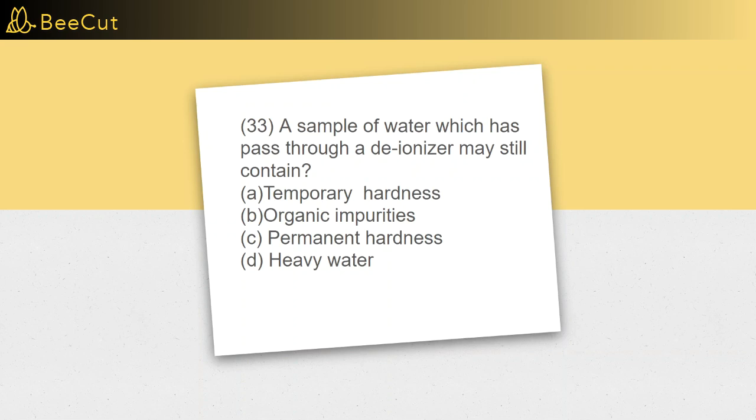Number 33. A sample of water which has passed through a deionizer may still contain A. Temporary hardness, B. Organic impurities, C. Permanent hardness, D. Heavy water.